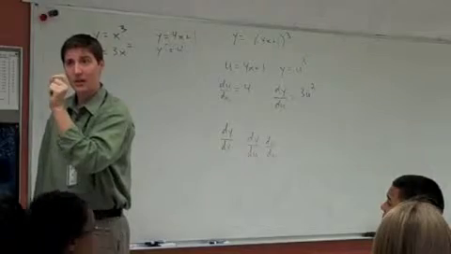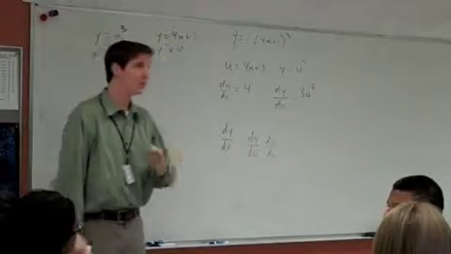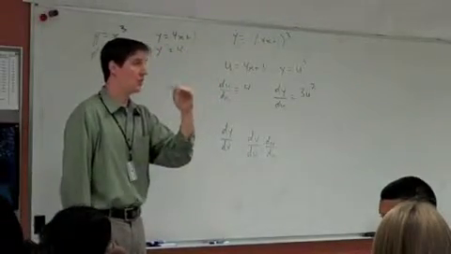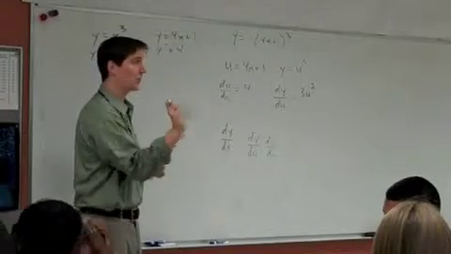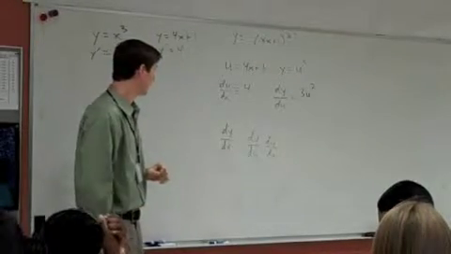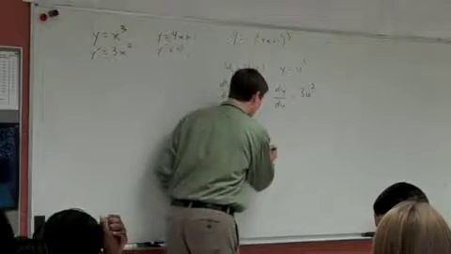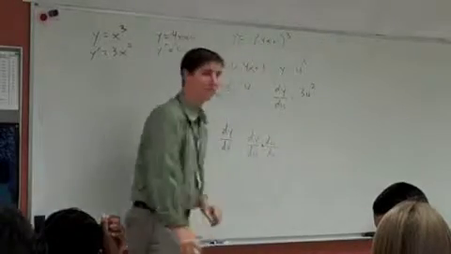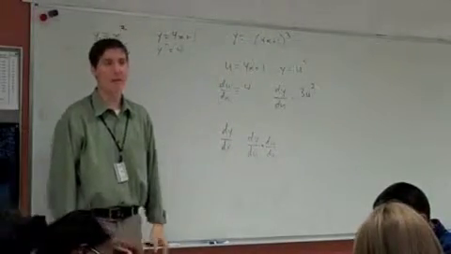We started out all these derivatives. The whole thing was change in y over change in x, that dy over dx for really small values. So if you did multiply these two together, what would technically happen?